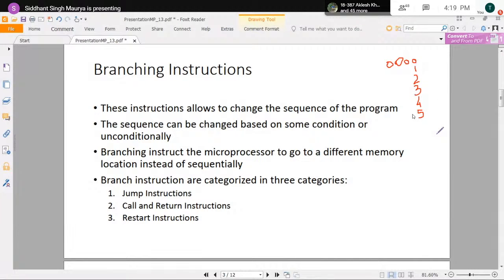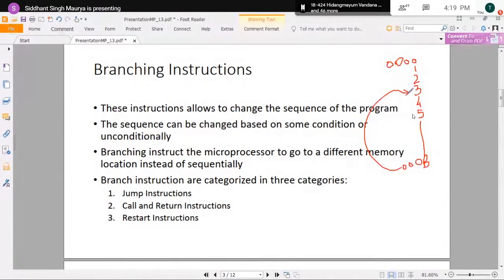So what this branching instruction does is, it may happen that after, let us suppose, some instruction, there will be some instruction, let us say B. I'm not writing the full address, assume that all are 00. So it may happen that after this B, the program again moves to some other location like this. For example, after this, the location again goes to 3 times 03.